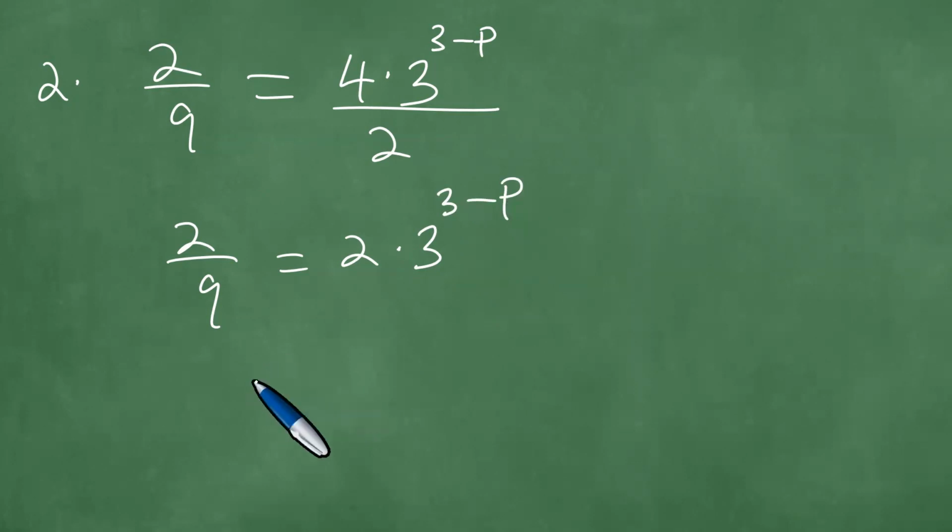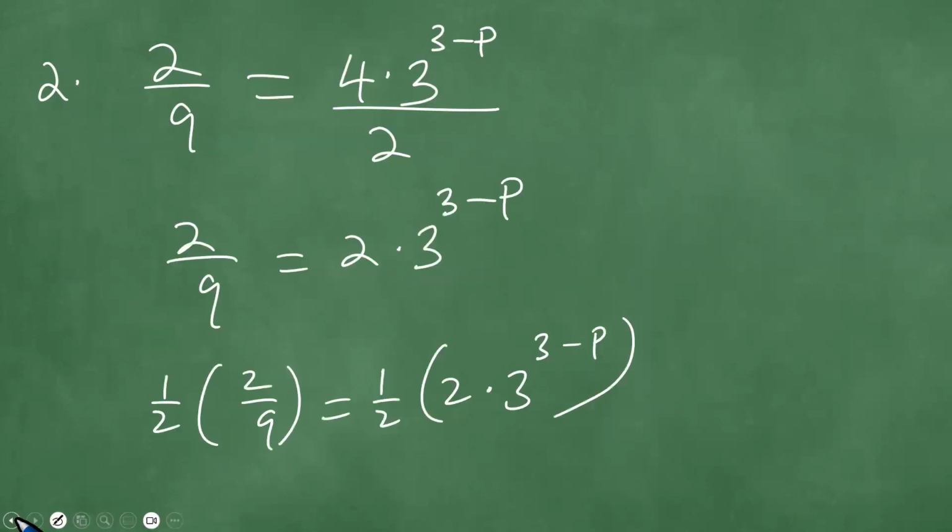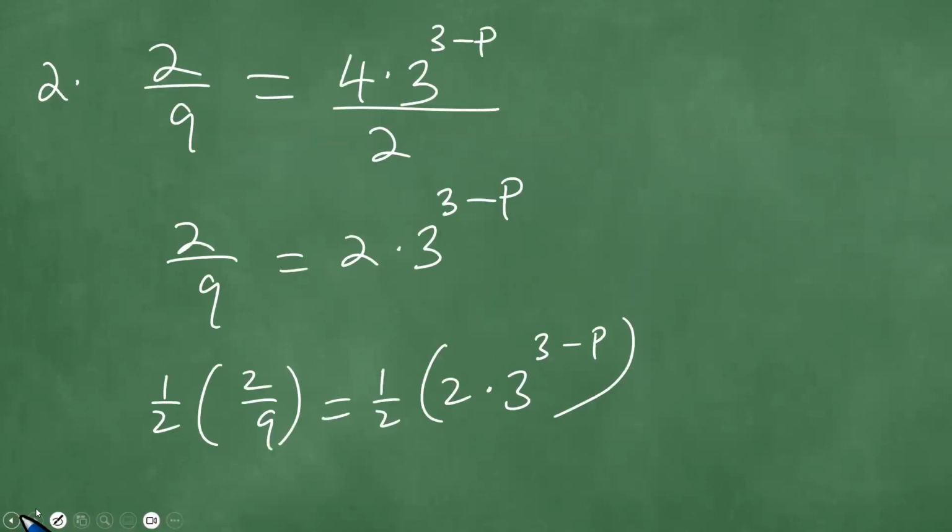At this point, you can multiply the left by 2 over 9 and multiply the right by 1/2. So now we have number 2, and these two cancel, giving us 1/9, and then the 2 cancels, giving us 3 to the power 3 minus p.